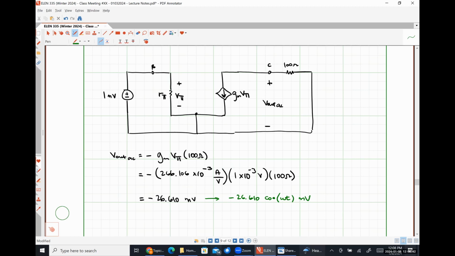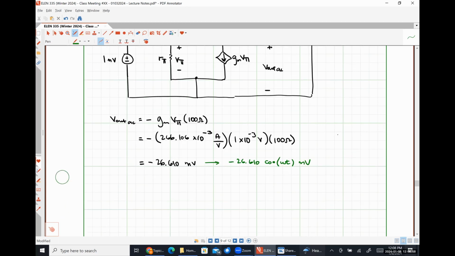So this is our small signal output voltage. If we divide it by our small signal input voltage, then we must get our small signal gain, or the transfer function. They're the same thing, right?